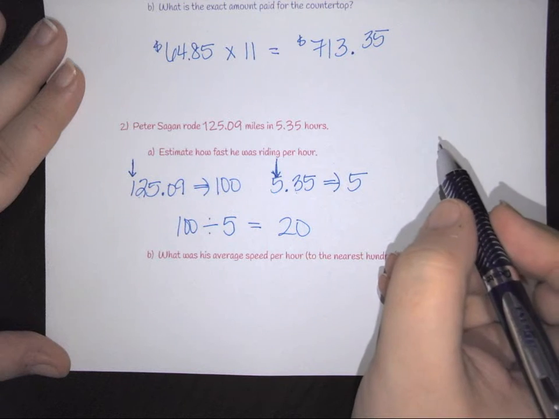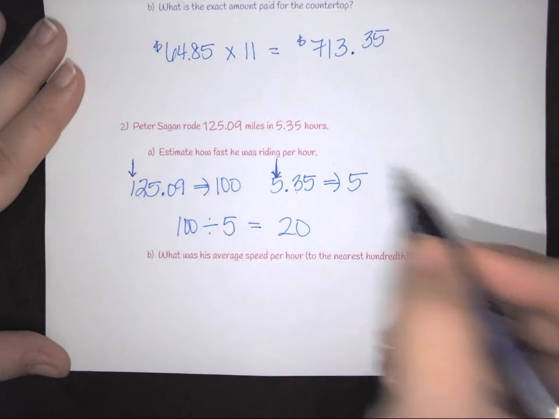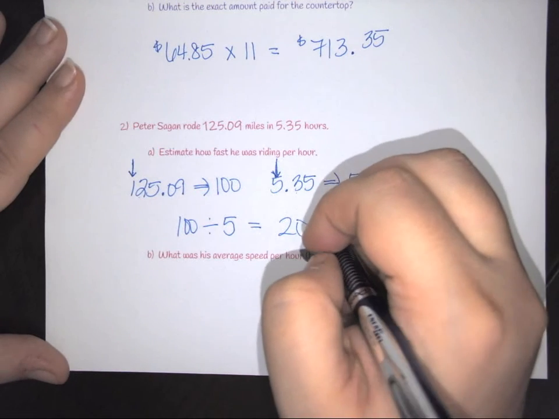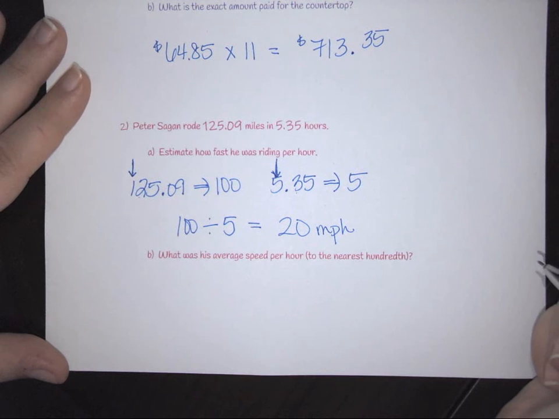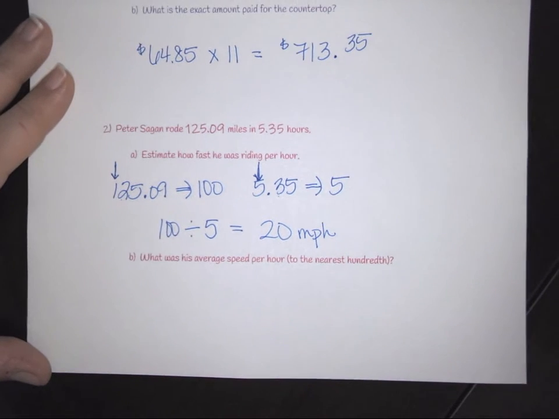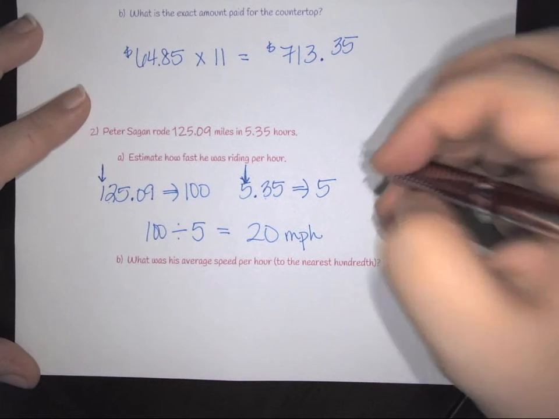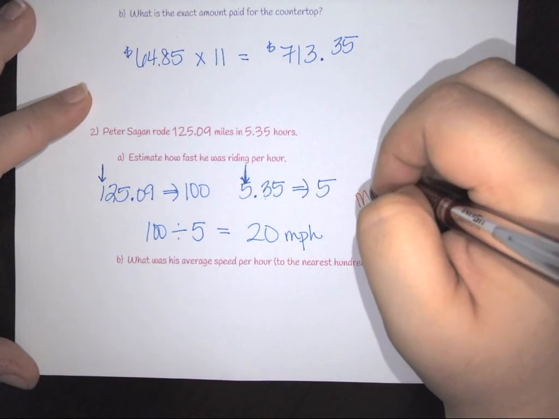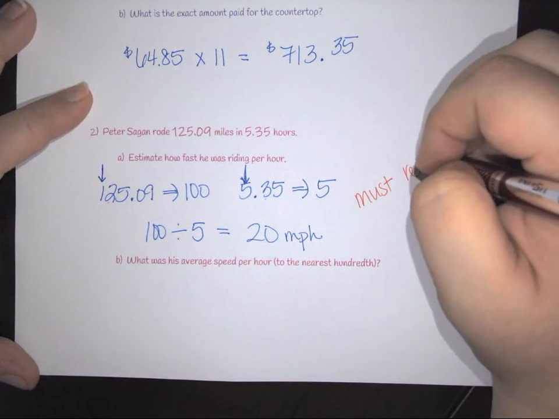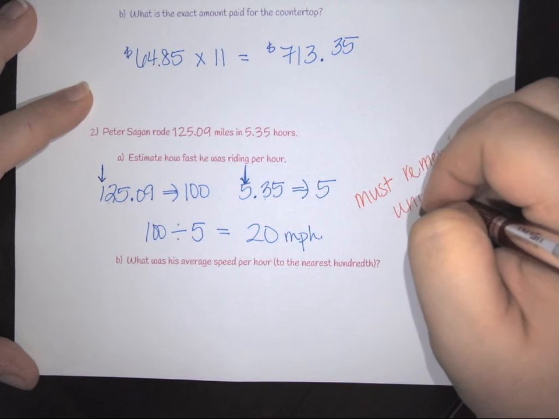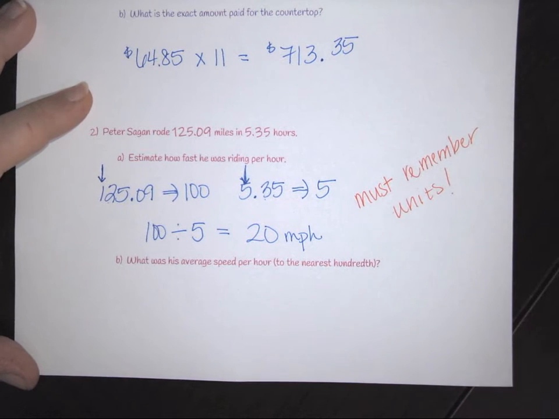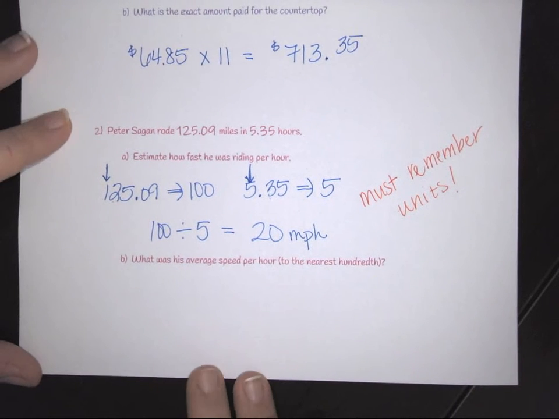And remember, we were looking at riding per hour. So this is my miles per hour speed. Here, you must remember units, otherwise you're not actually answering the question that you've been given.